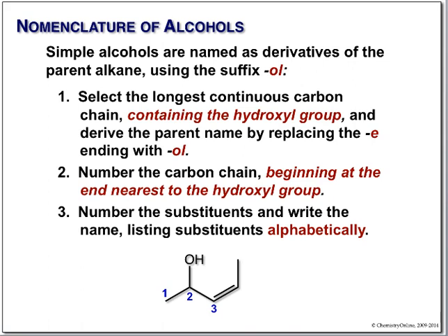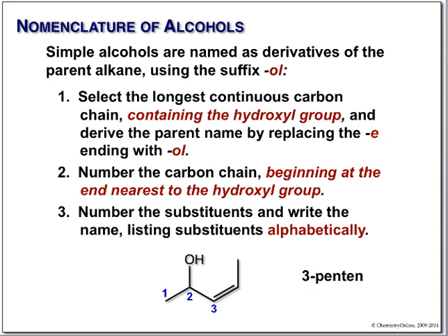In our name, we have to convey that we have an alkene at carbon number 3. Since this is a pent parent, we would start off with 3-pentene as our root name. We also have stereochemistry around the alkene that we're going to have to include.